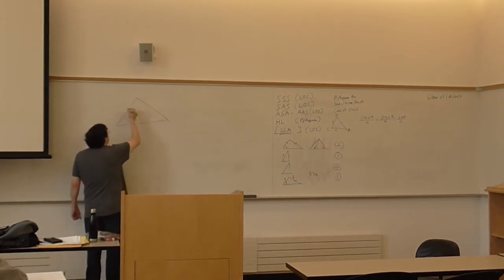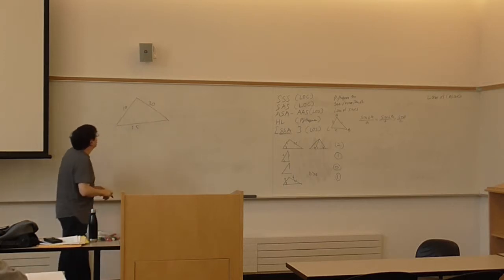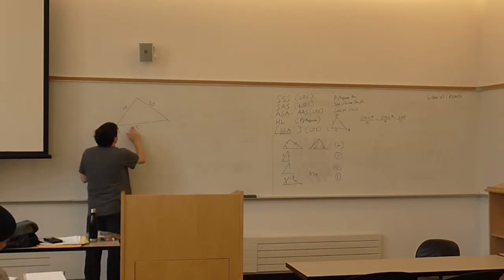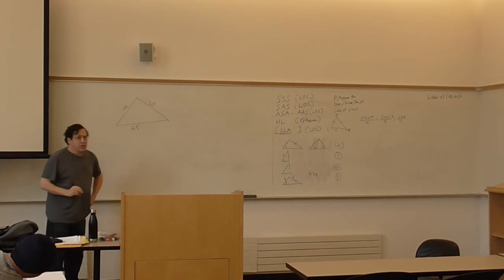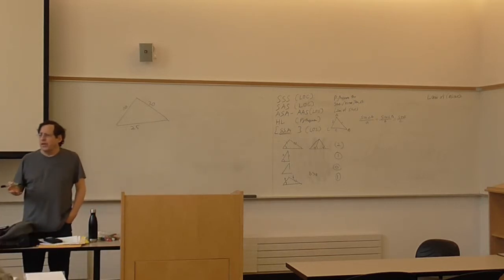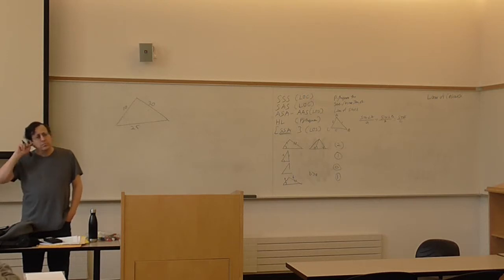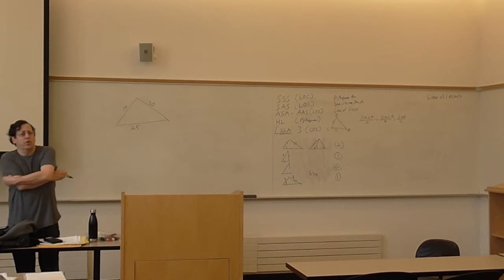Let's say our sides are 10, 15, and 30. No, that's not going to work. 10, 25, and 30. So how would I go about finding an angle for this triangle? What would I use?